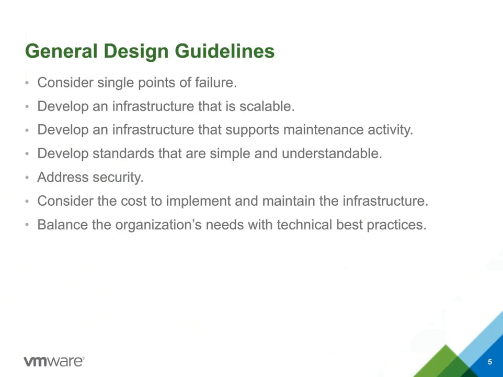The second bullet point here points out that the architect is presumably going to be working with the customer in the design to make certain that the architecture that's created is scalable. In other words, the design needs to support not just the customer's current needs, but the architecture needs to be able to grow along with the customer and be able to support more and more workloads, more and more virtual machines.